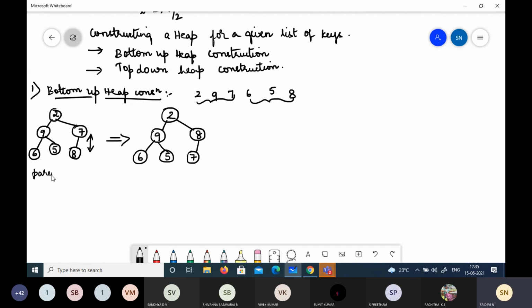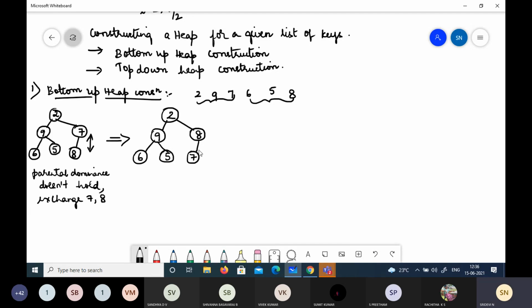Because parental dominance doesn't hold. So we exchanged 7 and 8. After that, we are checking here. After exchanging, we should again check whether parental dominance is there. Is it mismatched anywhere? Okay, there is no problem.